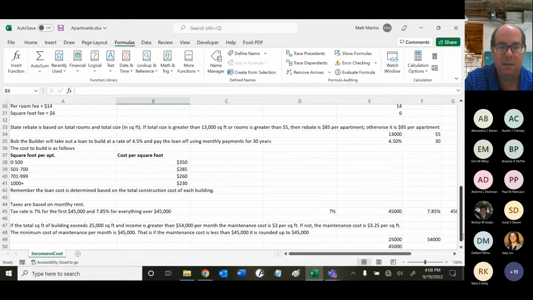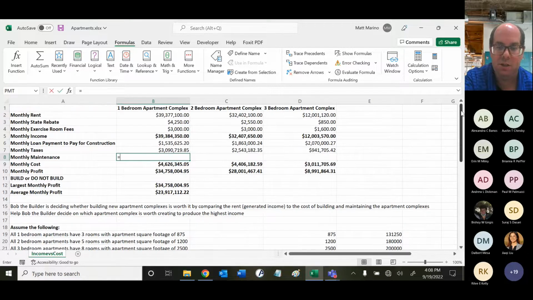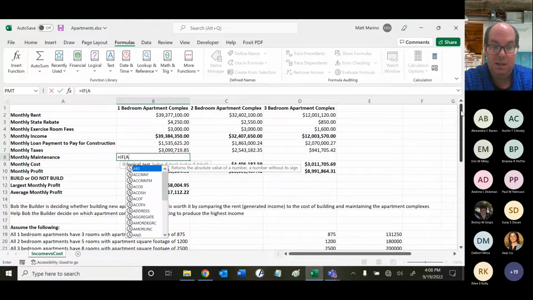So the maintenance, we did an OR before for the monthly state debate. That was because it said if total size is greater than or. For the maintenance, it says exceeds 25,000 square feet and income is greater than. So this time we're going to do a nested function of an AND inside of an IF.